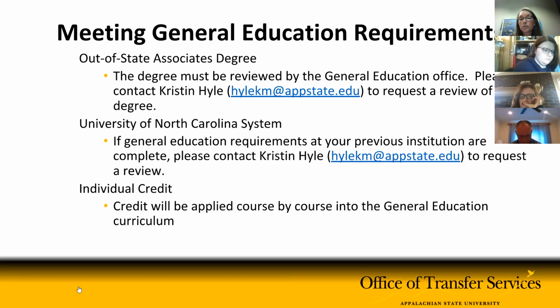If you are coming to us from a University of North Carolina system school and you have completed gen ed, again with grades of C or better at that school, then that may be able to transfer to meet all of our gen ed. Appalachian is the only school in the state that offers that reciprocity. Otherwise, you will be looking at individual credit. We will be evaluating and applying your credit individually as it relates to gen ed and your major.